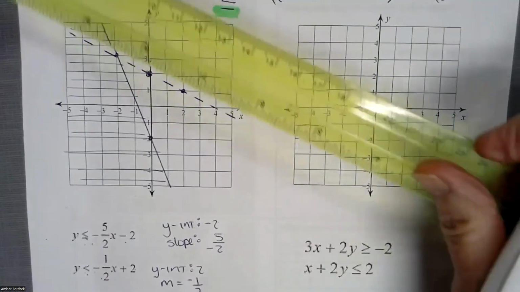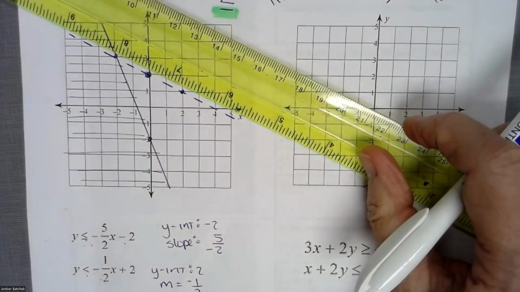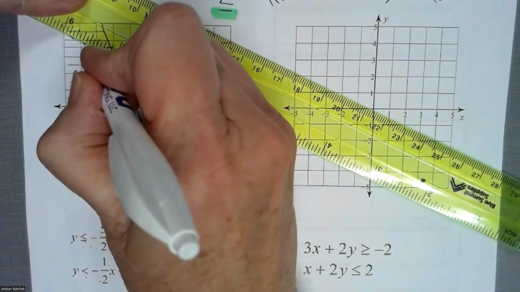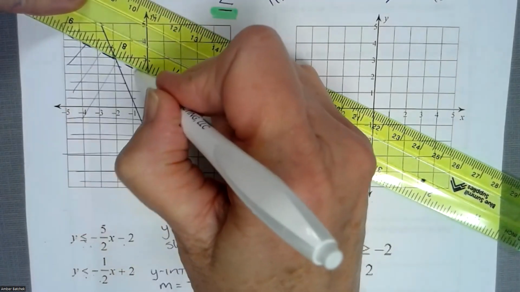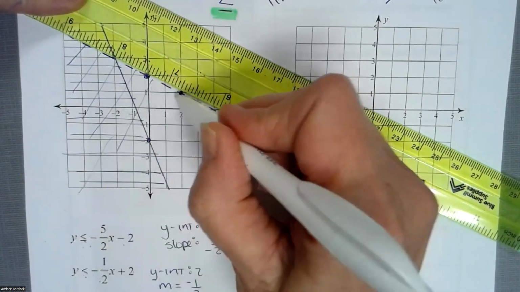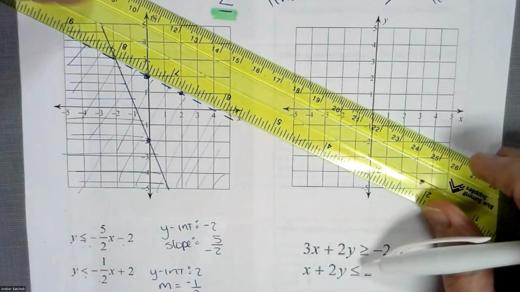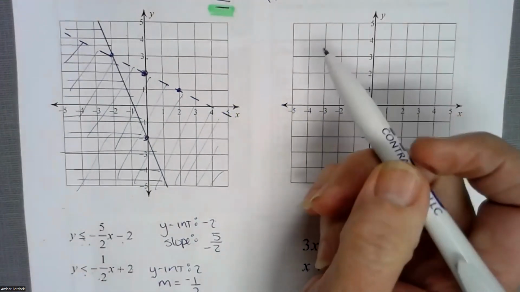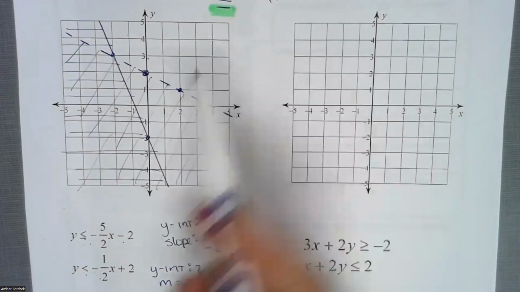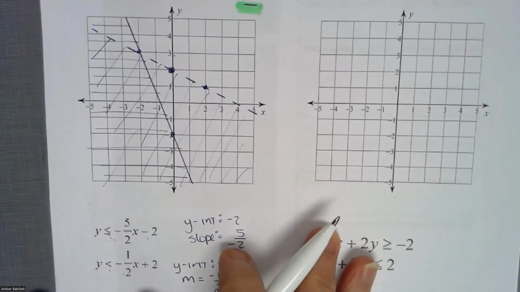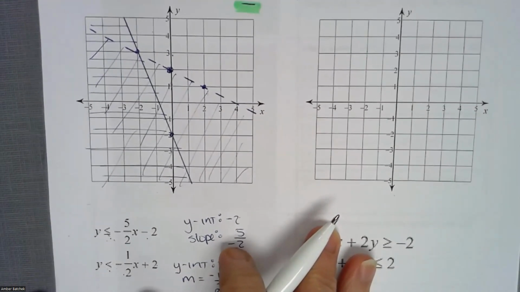So now we've got a lot going on. So I mark my line like this, and I am going to shade below that, and I am going to shade in a different direction because it's going to be very helpful to me visually. So now I have 2 shaded areas. I've got the shaded area under this line and the shaded area under this line, and the solution lies where both of the shadings intersect.